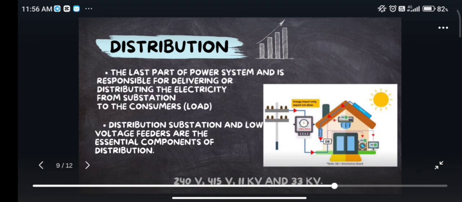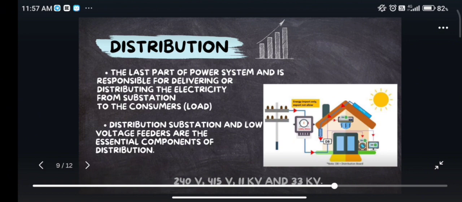So next, this is distribution, the last part of the power system, and it is responsible for delivering or distributing the electricity from the substation to the consumer, such as TNB. TNB is the distributor for power supply in Malaysia. So the distribution substation and low voltage feeder are the essential components of distribution.